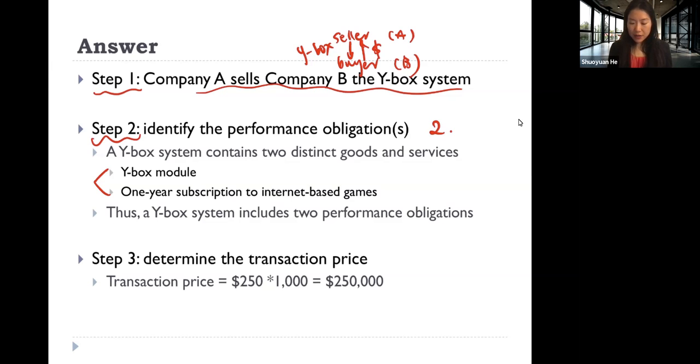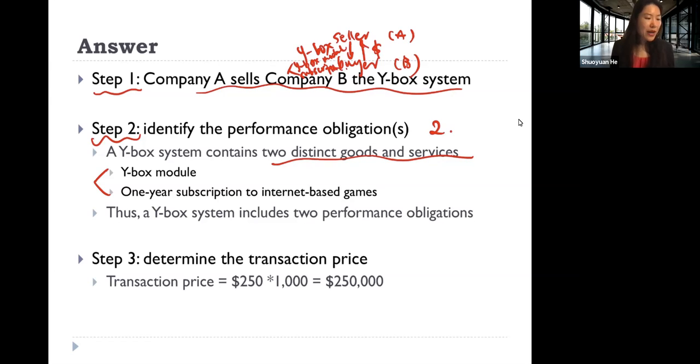And yeah, so the promise is to deliver a white box system which has two distinct goods or services. So which has a white box module and a 1 year subscription.